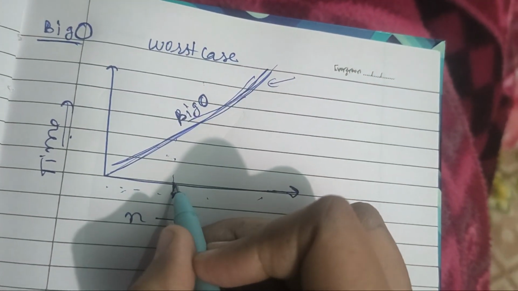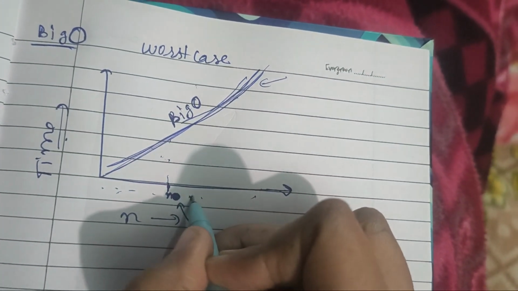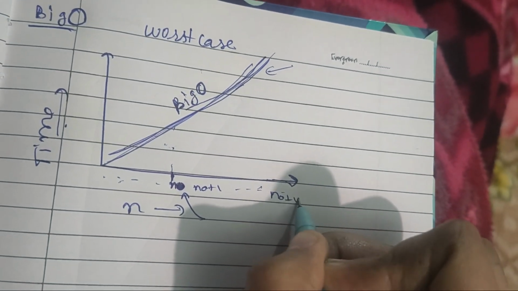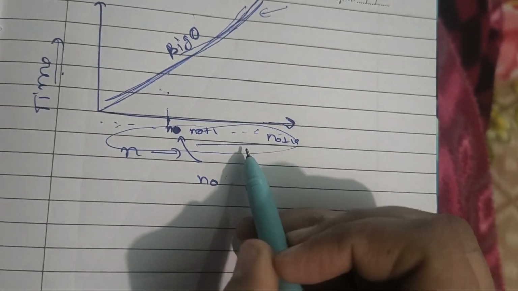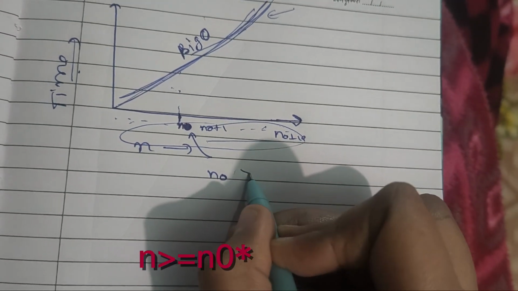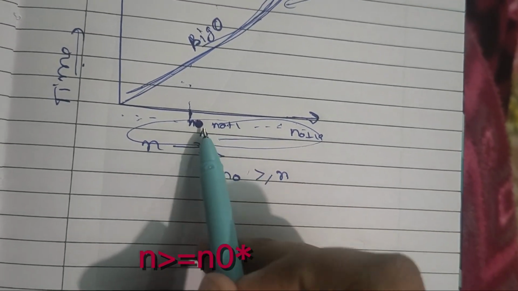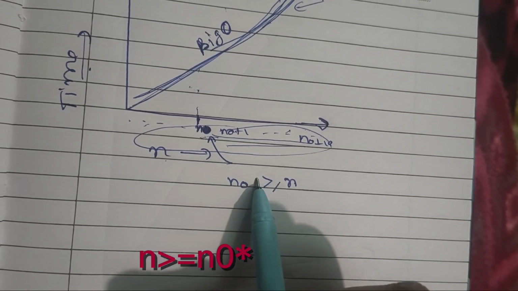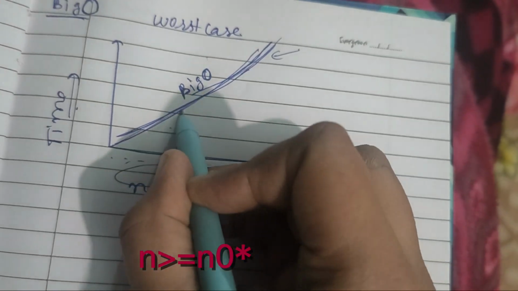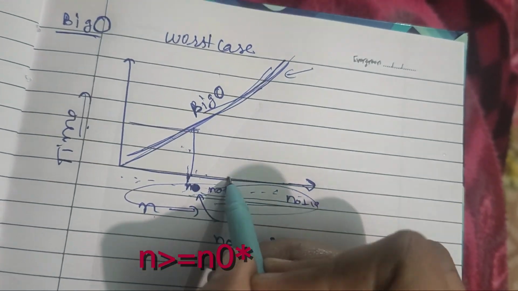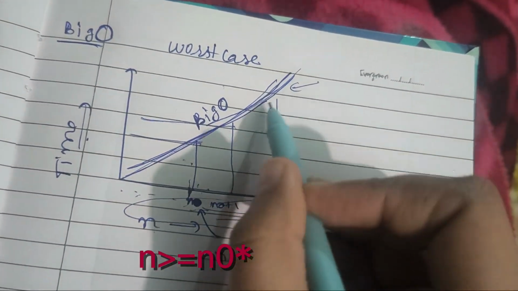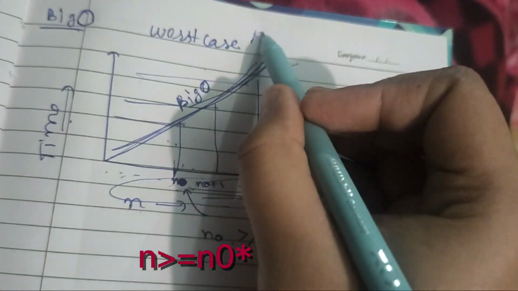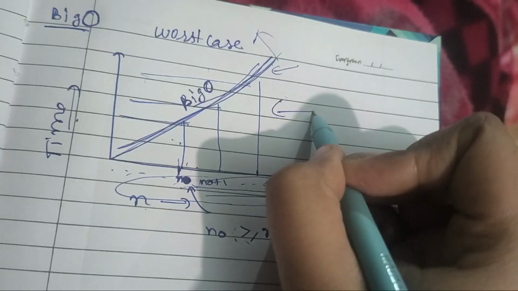So irrespective of n being n0, n0 plus 1, and so on, n0 plus 10, for all cases where n is greater than or equal to n0, this is going to be the graph. In any n case we are not going to cross this line, we are going to be inside here.